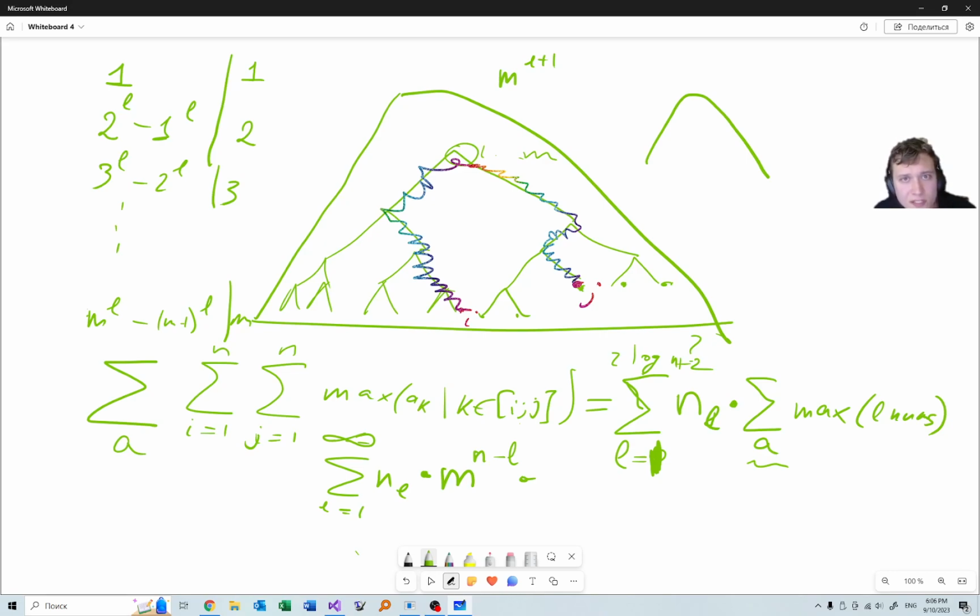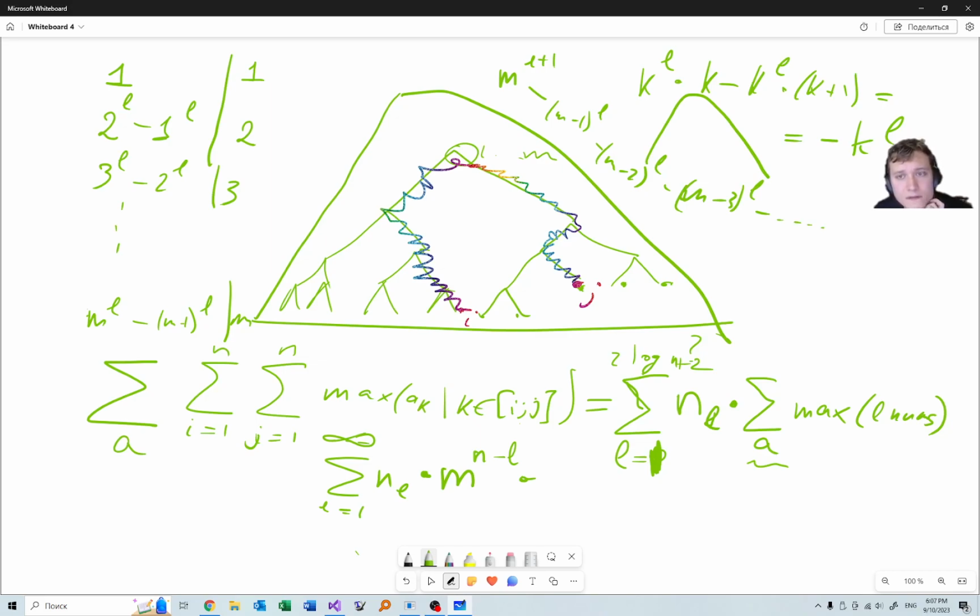And for these powers, we will have something like k to the power of L times k minus k to the L times k plus 1, so actually just minus k to the L. So here we subtract all the numbers like (m minus 1) to the L, (m minus 2) to the L, (m minus 3) to the L, etc. And we finish with 1 to the L, so minus 1 to the L as well.